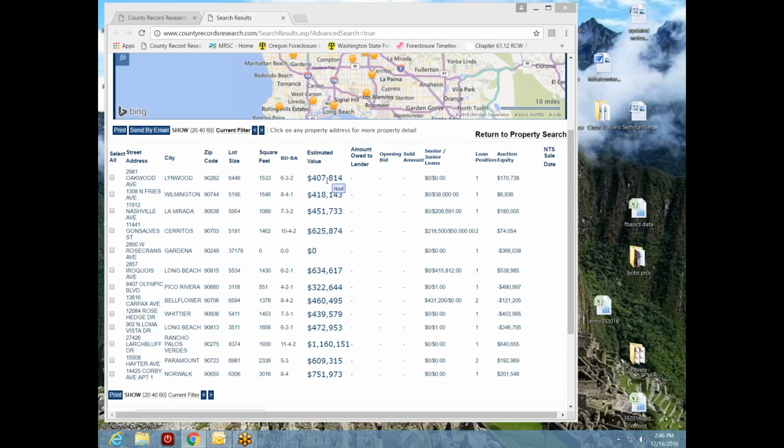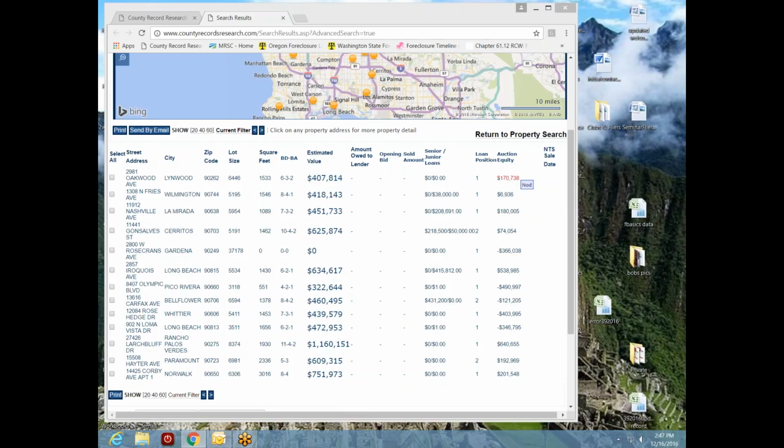By comparing those numbers, the website has given us a figure of $170,000 positive. There's no negative sign here. Notice there's negative signs on some of these. Now if it's a positive number of 170,000, that tells me it looks like on the face of it there's about 170,000 in equity if this place is in prime condition.